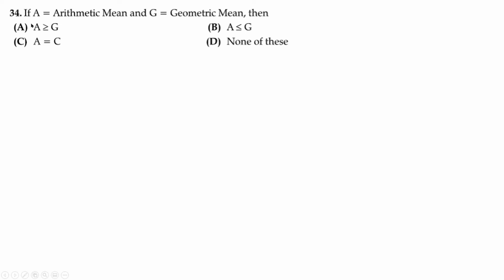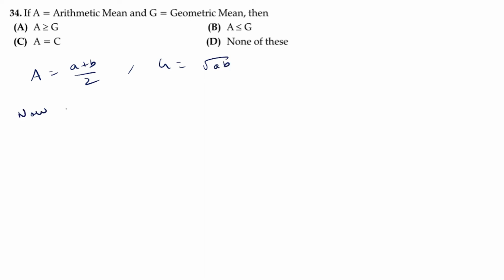Next question. If A equal to arithmetic mean and G equal to geometric mean, then for two positive integers A and B, we know the arithmetic mean is given by (A plus B) by 2 and the geometric mean is given by root of AB.